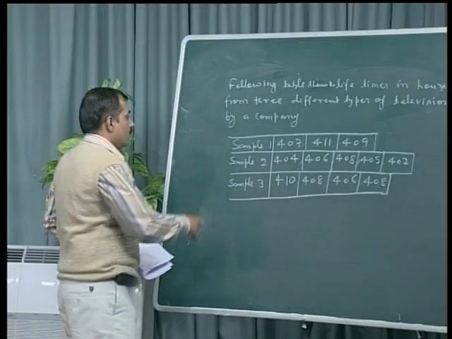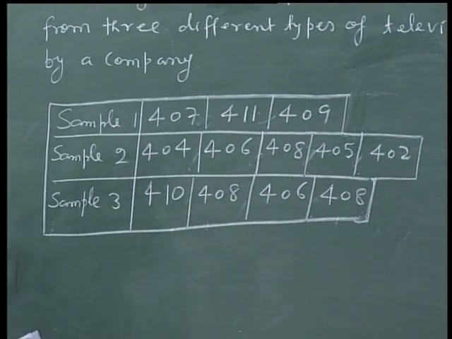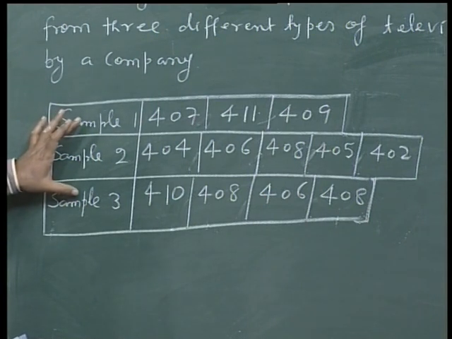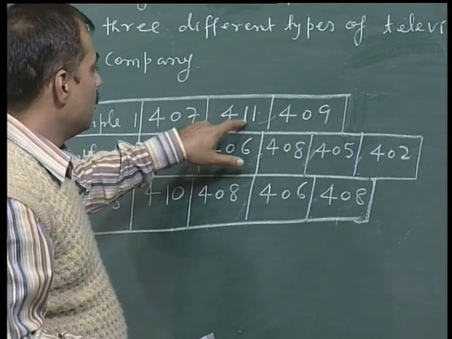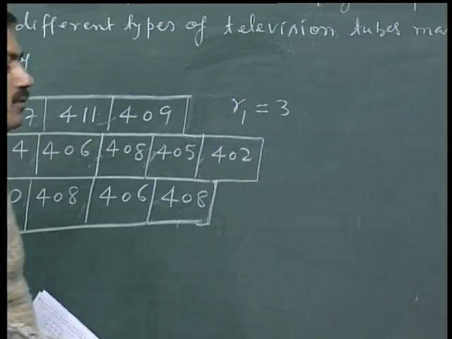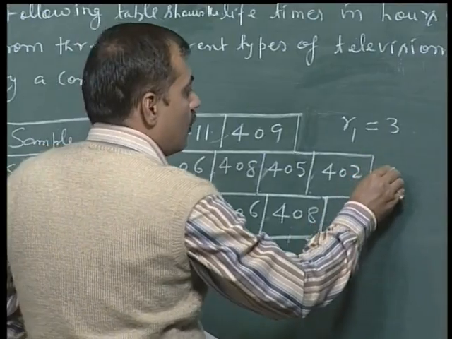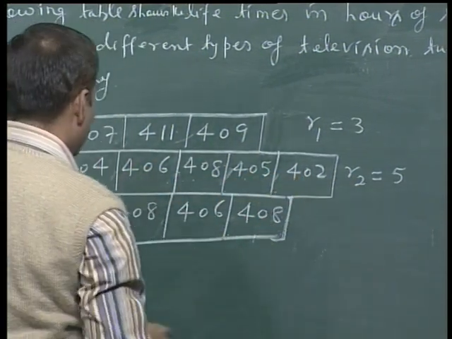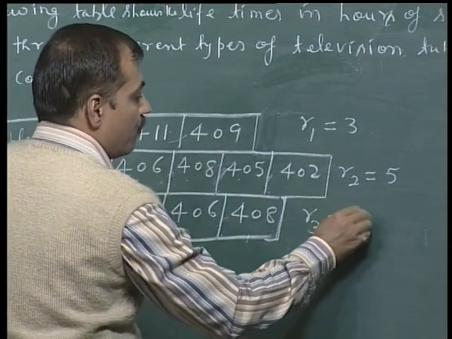Now if we compare this example with the previous example, there were 3 fertilizers and here there are also 3 samples. But here R1 is 3, R2 is 5, and R3 is 4.